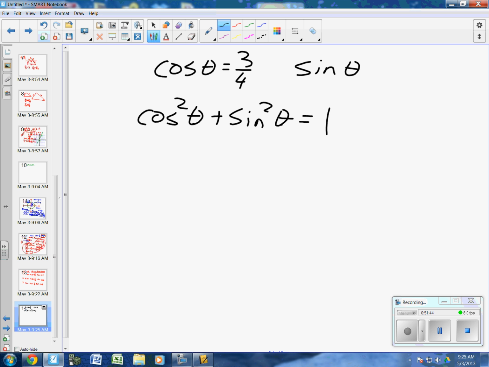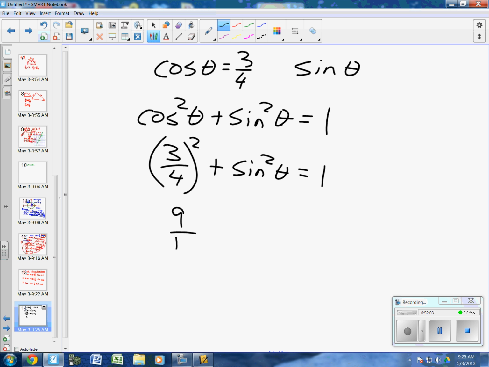Okay, now, I'm going to substitute for cosine of theta. I'm going to substitute what? 3/4. So I have 3/4 squared plus sine squared of theta equals 1. What's 3/4 squared, everybody? 9/16 plus sine squared of theta equals 1. Okay?